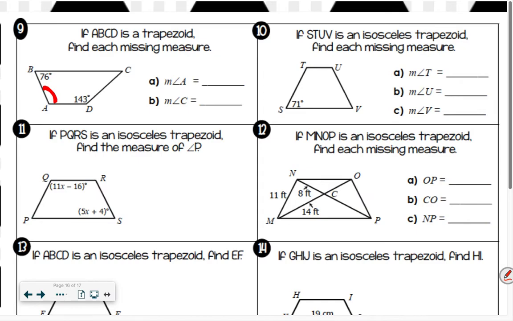They add up to 180. Which ones? It says non-base, so would that be the 76 or the 143? 76. Good. So to find angle A, we take 180 minus 76, and how much do I get? 104. Perfect.